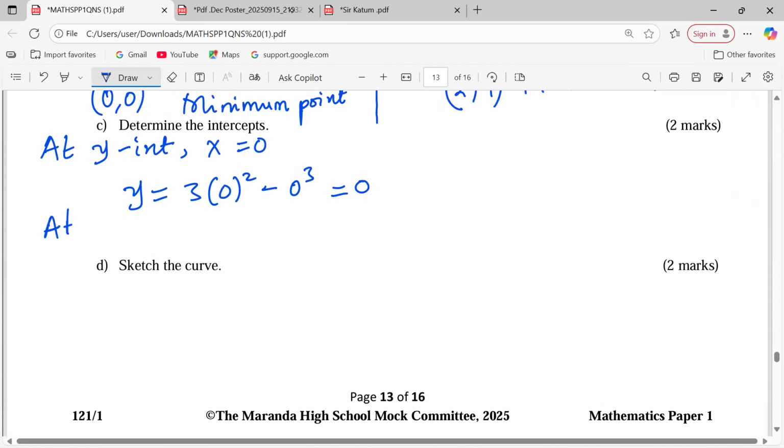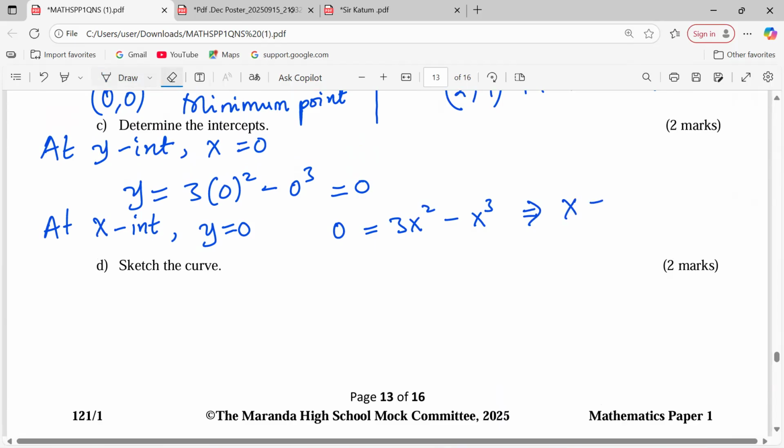At the x-intercept, the value of y must be 0. Therefore, 0 equals 3x squared minus x to the power 3. The values of x can be determined now: we factor out x squared to remain with 3 minus x, all equal to 0.